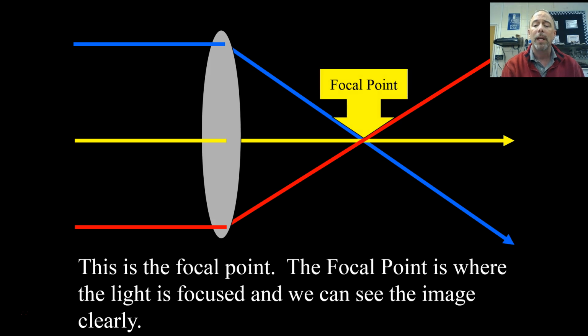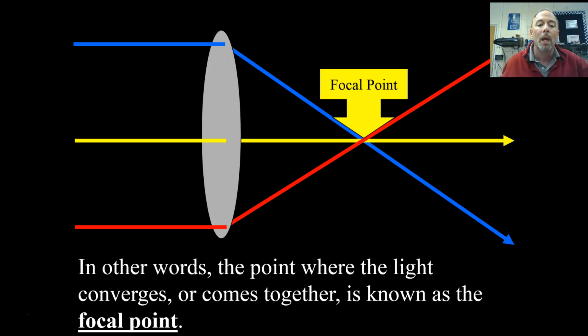The focal point is the point where the light is focused and we can see the image clearly. Now, this is in many ways what our glasses do. Our glasses change the focal point to the back of our eyes, and it helps to clear everything up for us so that we can see.